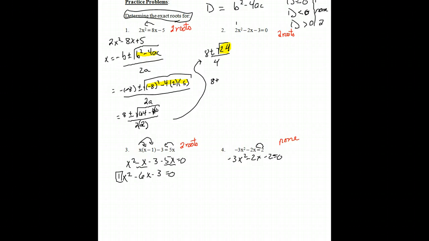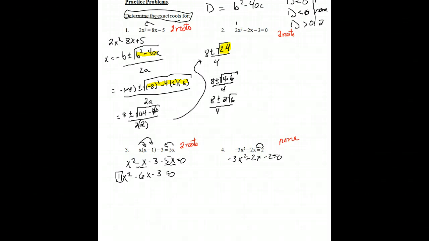So you have 8 plus or minus the square root of 4 times 6, divided by 4. You can only do the square root of 4. Square root of 4 is 2. You cannot do the square root of 6, so it stays there.